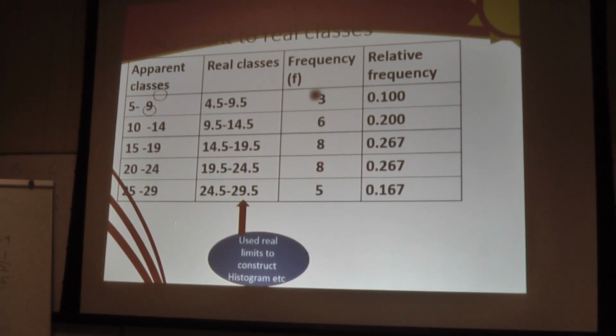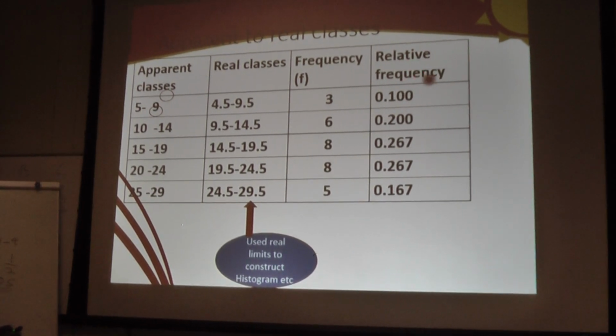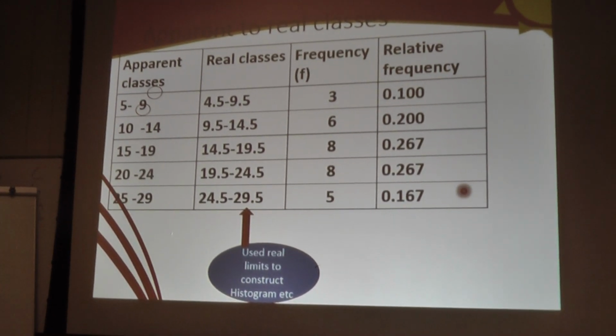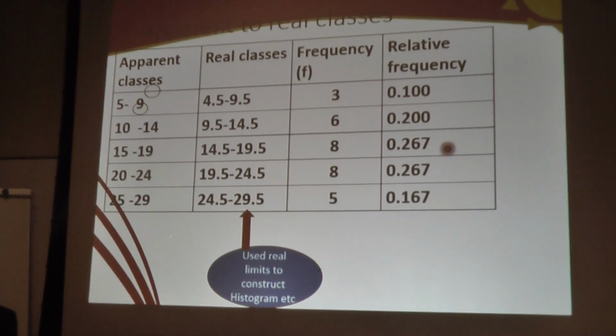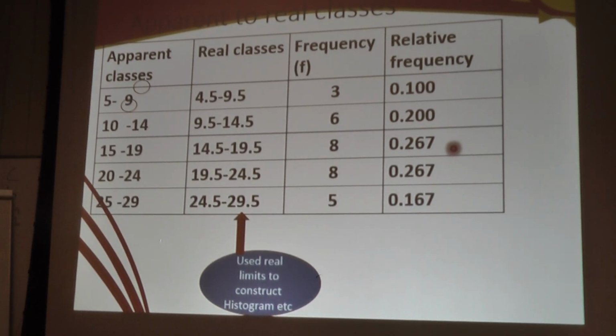So we have the frequency here. I have also put a relative frequency column, just in case you want to produce a histogram of real classes against the relative frequency, not against the frequency, or a histogram of real class limits against the percentage frequency.